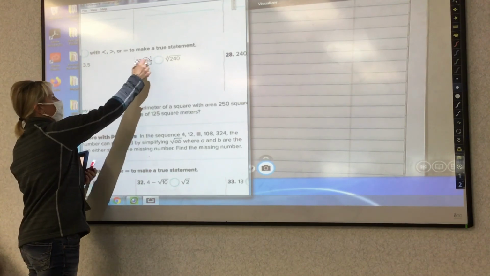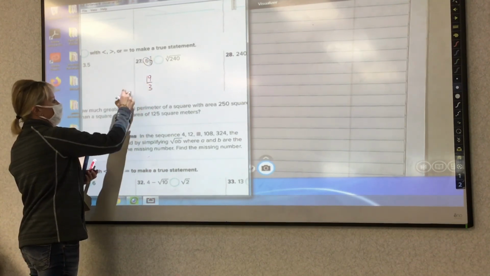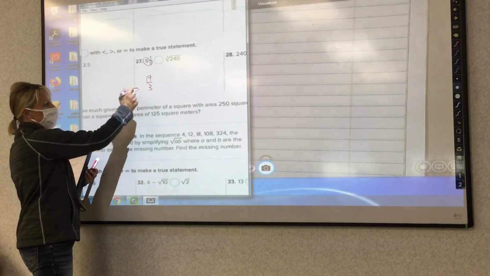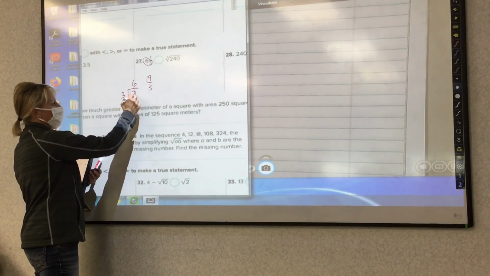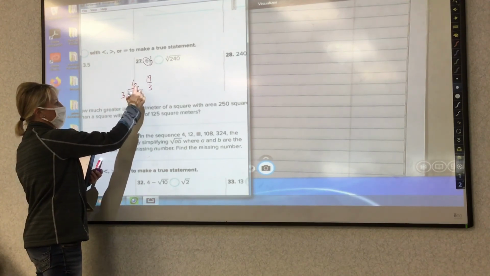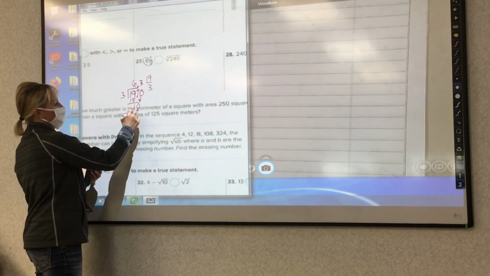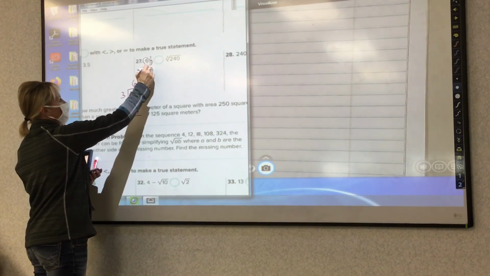I can figure that out. 18 plus 1 is 19/3. So I take 19 divided by 3. 3 goes into 19 how many times? 6, which is 18. 1 left. And what's going to keep happening here? It's going to keep repeating.